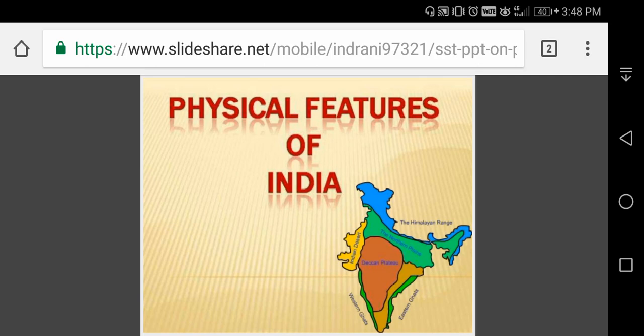India's vast east-west and north-south extents include a variety of physical features like high mountains, extensive plains, deserts, and plateaus. Broadly speaking, India's physical features can be divided into the following. Already you studied this in previous classes.